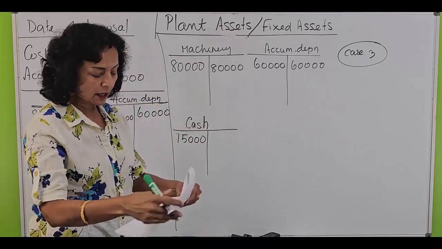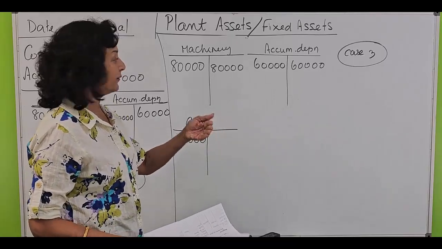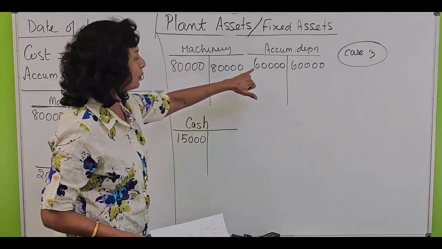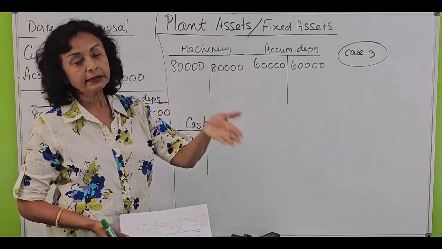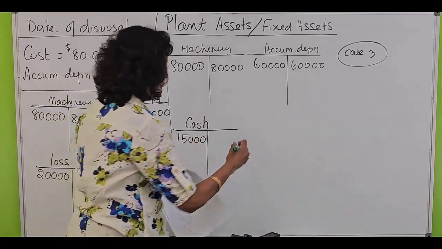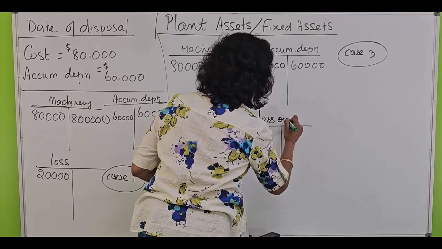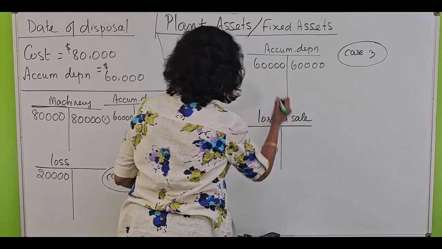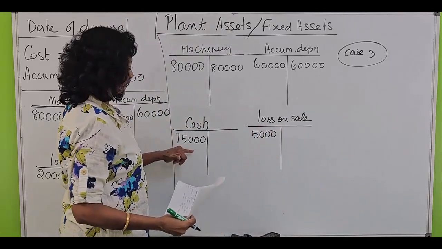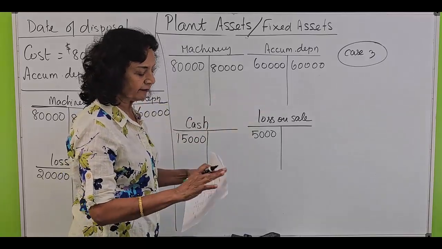Now there is a loss of $5,000. The $5,000 loss is coming from what? The difference between the $15,000 cash and the book value of the machinery, $20,000. They are selling $20,000 value of machine for only $15,000. So here you go to the account, loss on sale of the asset, you debit $5,000. $15,000 minus $20,000 book value, the loss is $5,000.